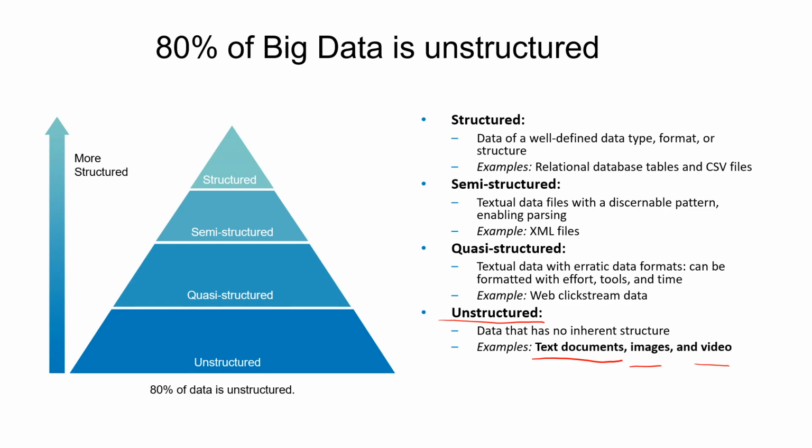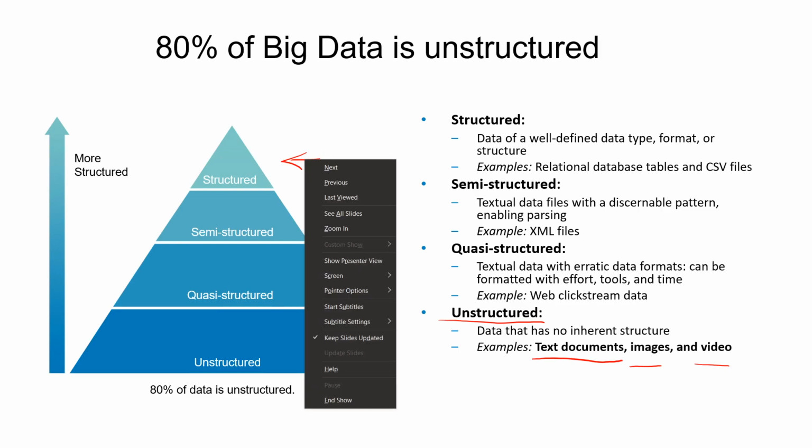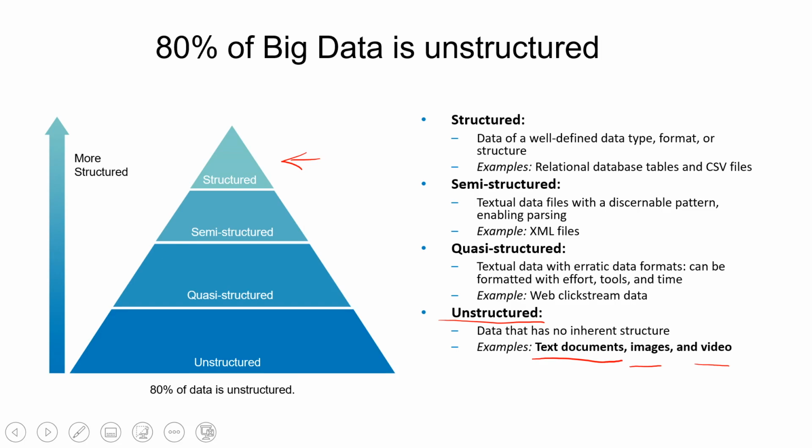So that is the main source of the data, 80% of the data that we have. And there are different types of data that we know of. If you take a look at the structure of the data itself, the data that we know as regular spreadsheets or regular formats, they're simply structured data.